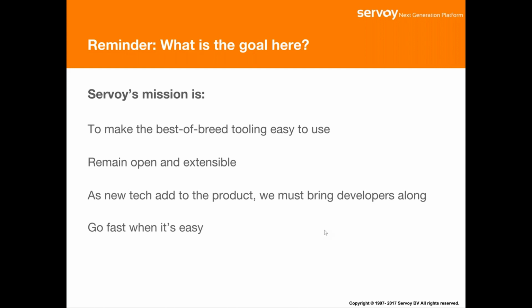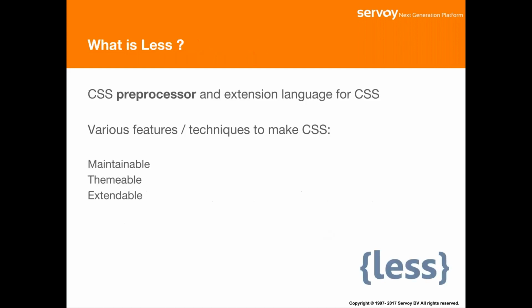So what I showed you didn't require that you write any CSS or any Less, but if you want to and you need to, you certainly can, and then you can really get in and tweak things, or you could create your own themes. So we want to bring developers along, go fast when it's easy, and then if you need to do some hard stuff, the option is there. You're not boxed into a rigid kind of framework.